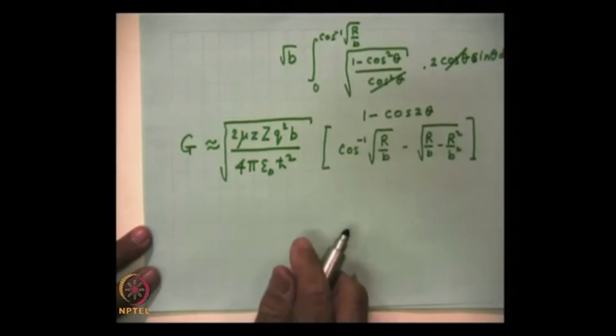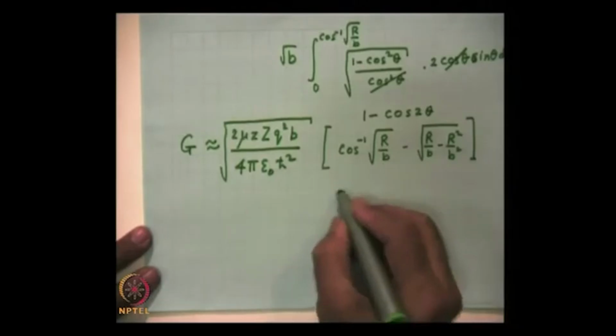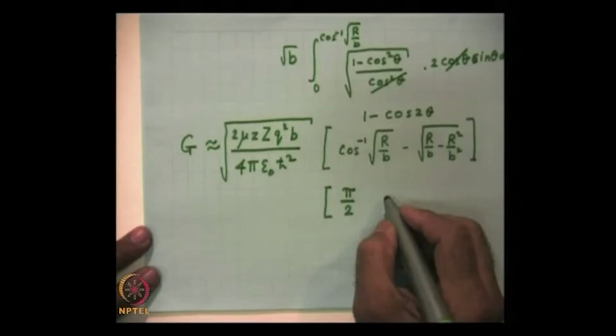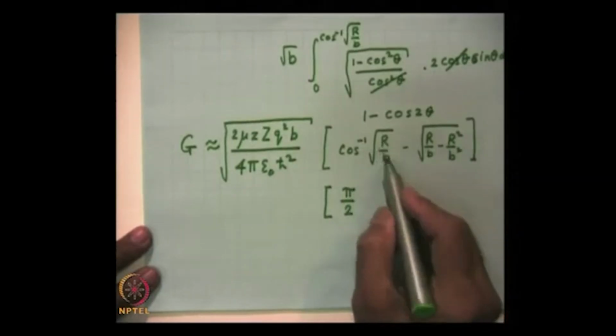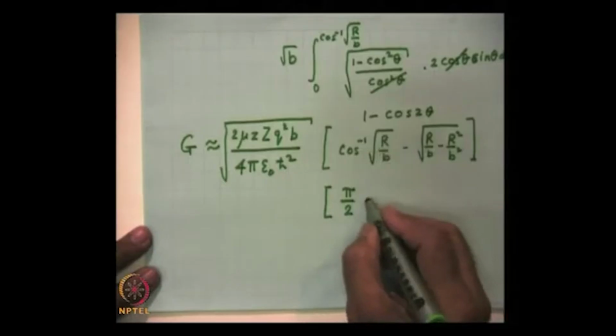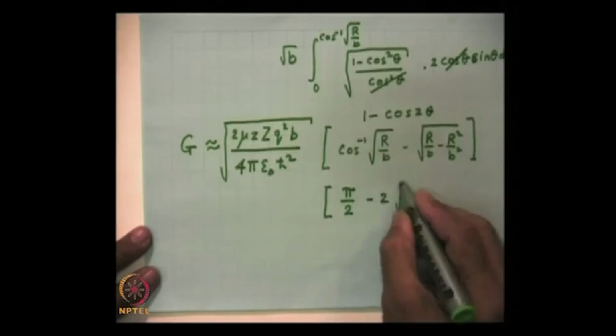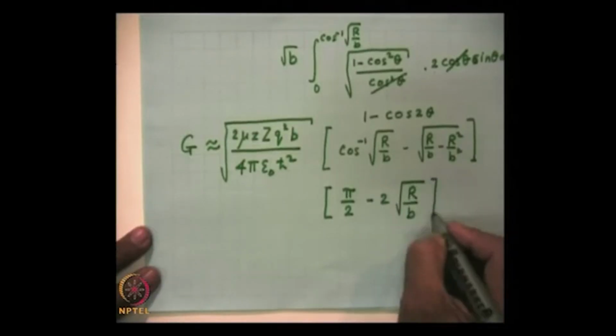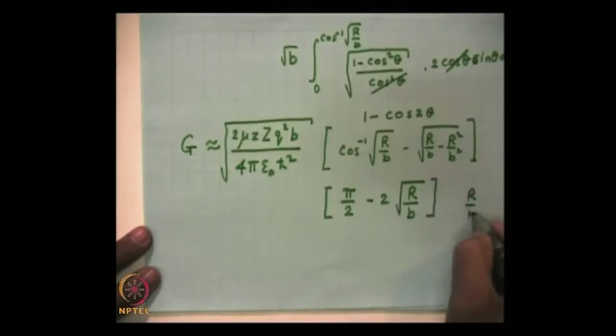In fact, in an approximation, this can be written as pi by 2 minus 2 under root of r by b, when r is very small compared to b. This is a fair approximation, since r by b is less than 1, usually about 0.1.